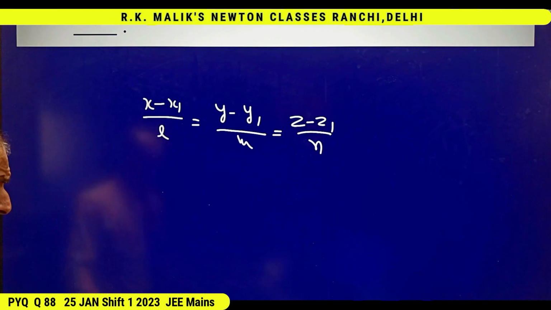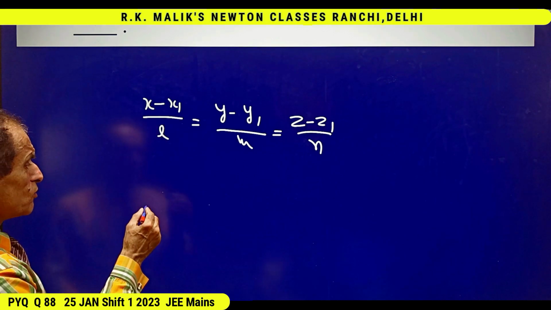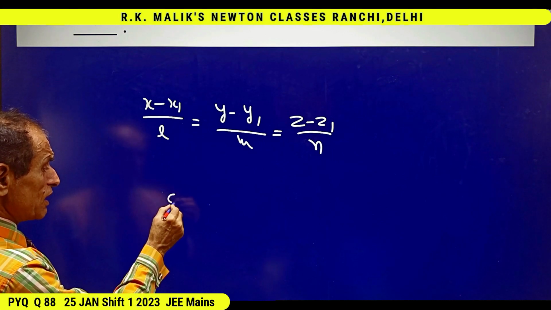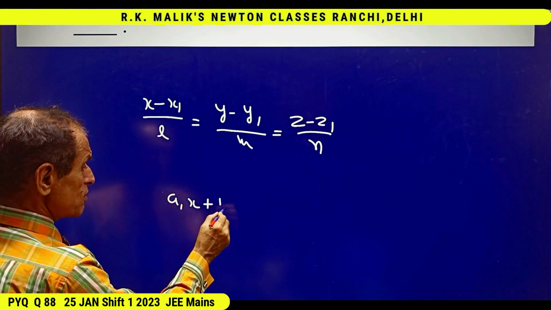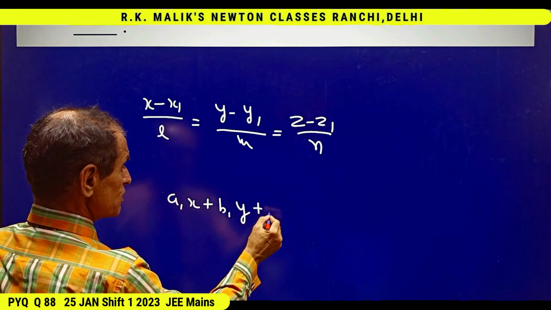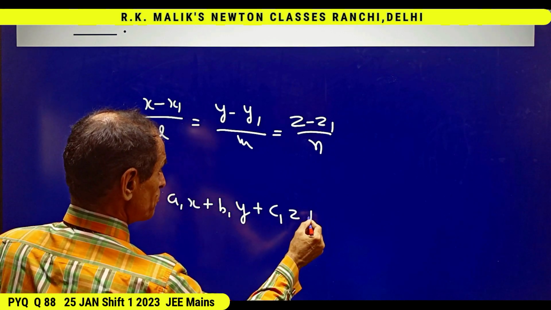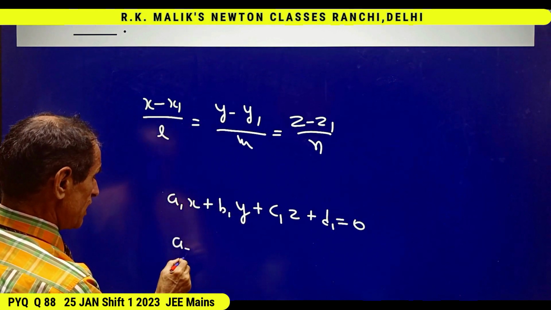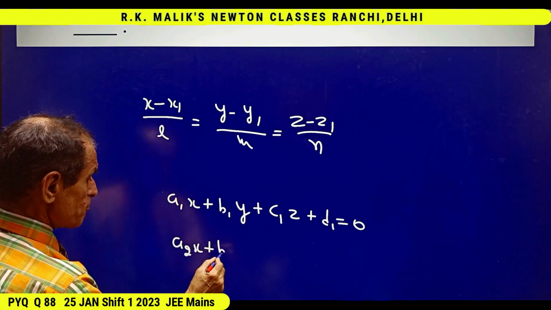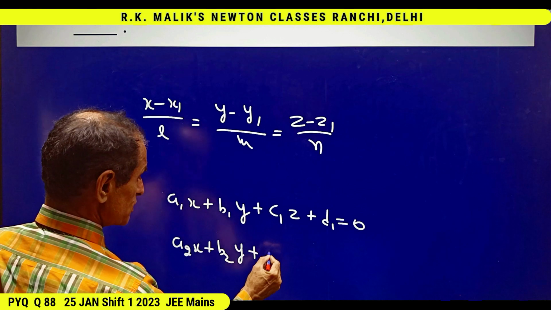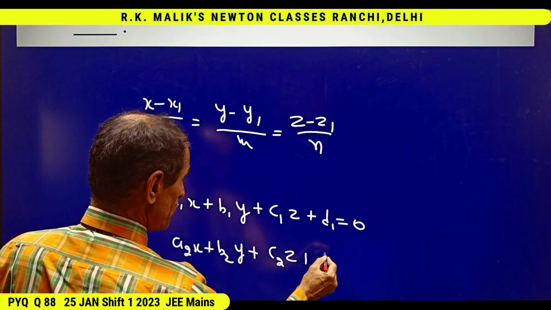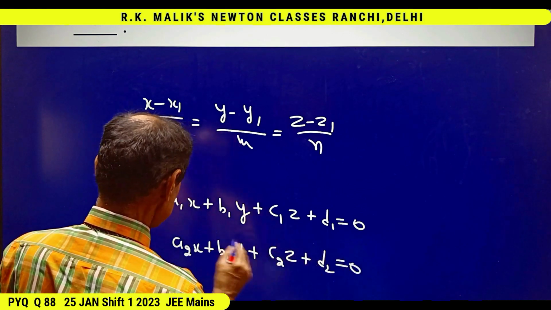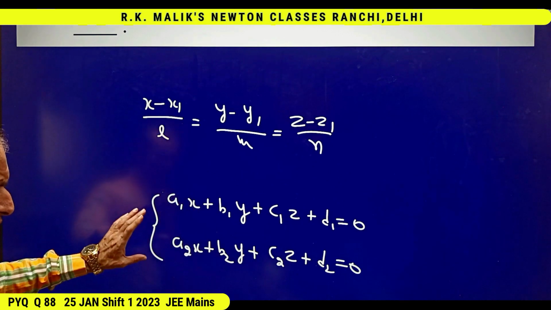But let me tell you this also: the two planes, namely A1x plus B1y plus C1z plus D1 equal 0 and A2x plus B2y plus C2z plus D2 equal 0, also represent a line.